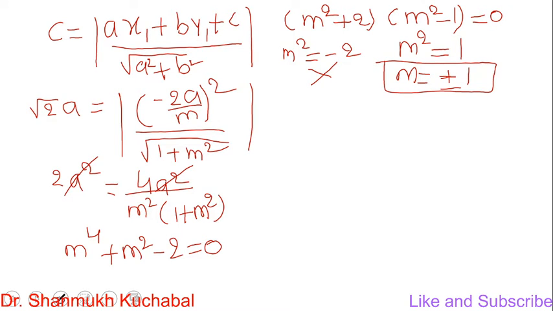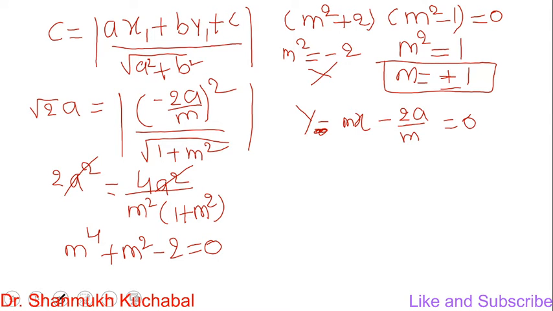Further, the standard equation is y equal to mx plus 2a divided by m, or else we can take y minus mx minus 2a by m equal to 0 here.